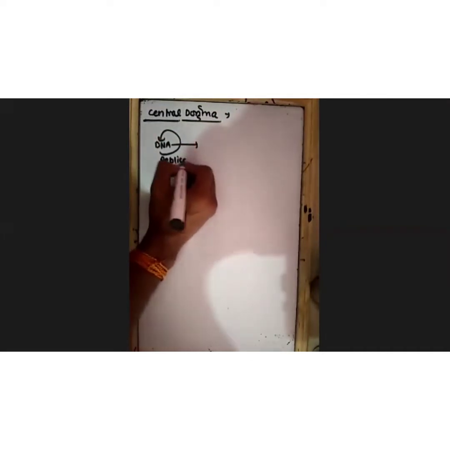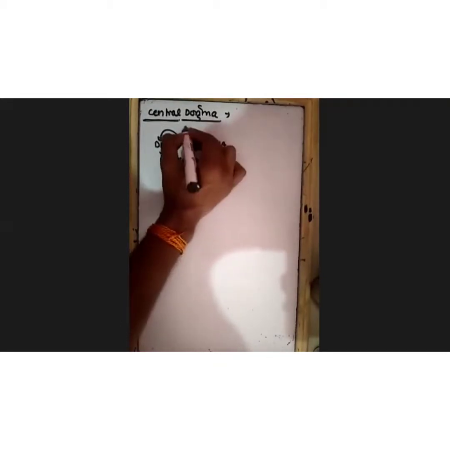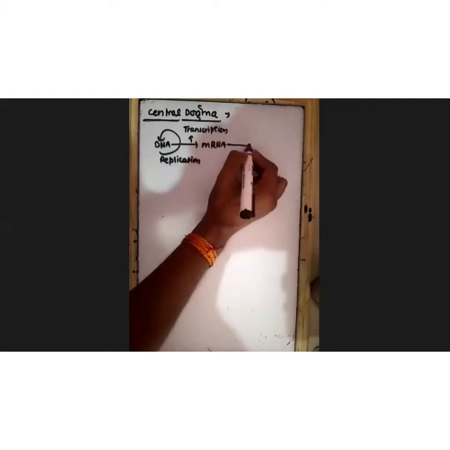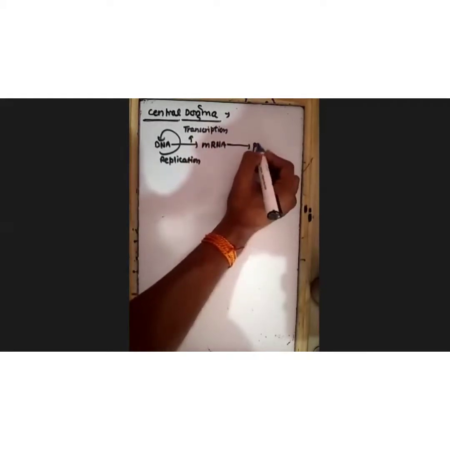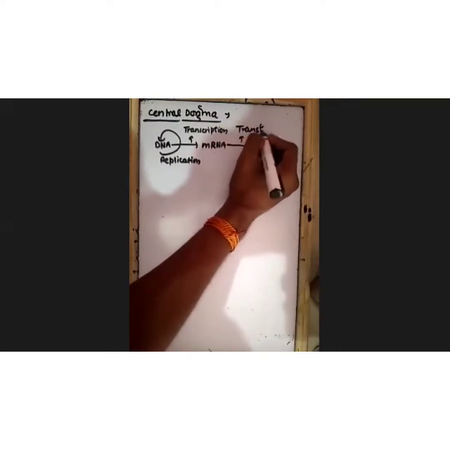One is the DNA forming its own copy, that is replication. From the DNA we get the mRNA with the help of transcription. And from the mRNA we get the protein with the help of a process named translation.